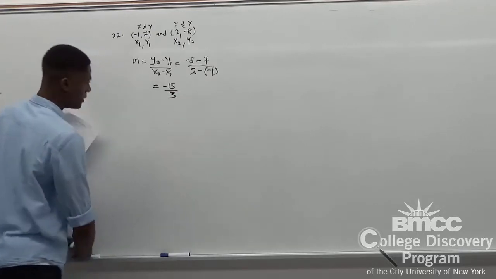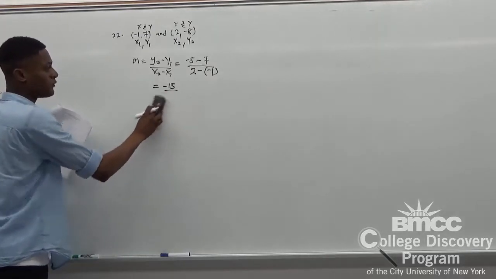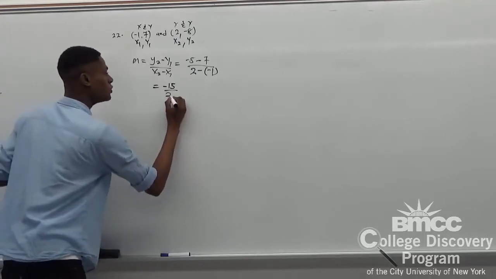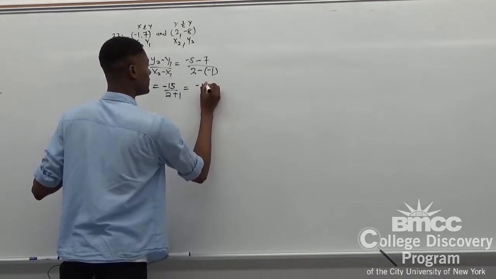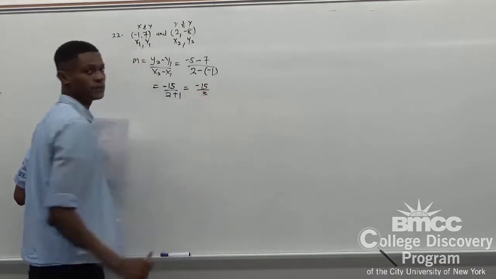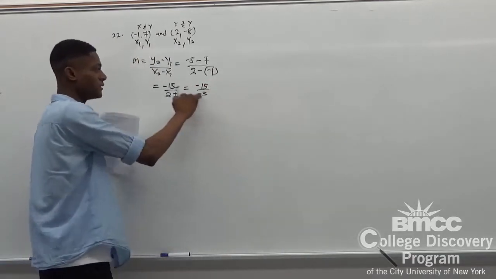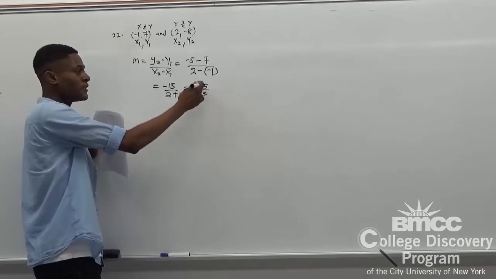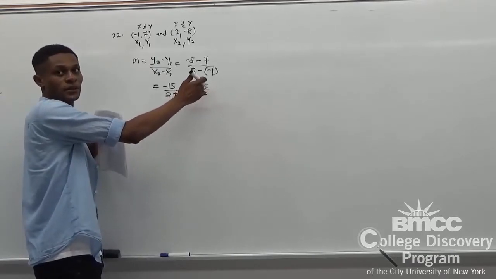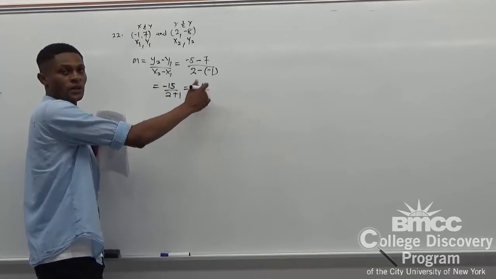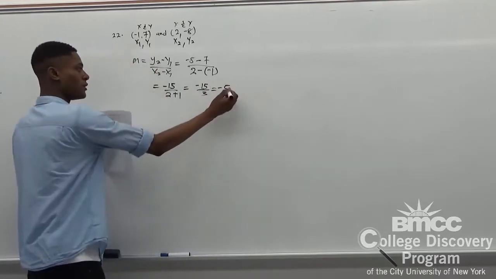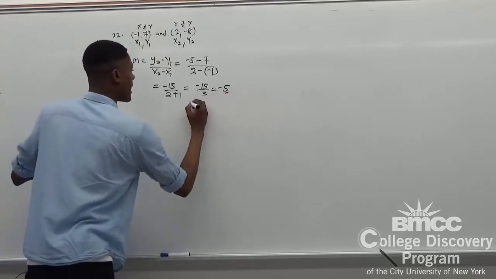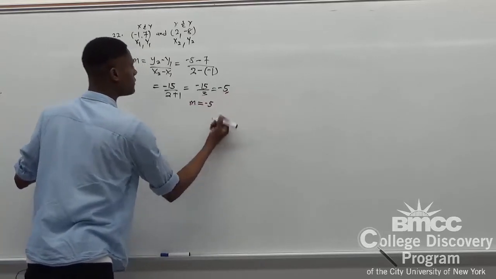Let me just write it for the sake of clarity as 2 plus 1, which equals -15 over 3. And the final answer: 15 can be divided by 3, which gives you -5. So now my slope m is -5.